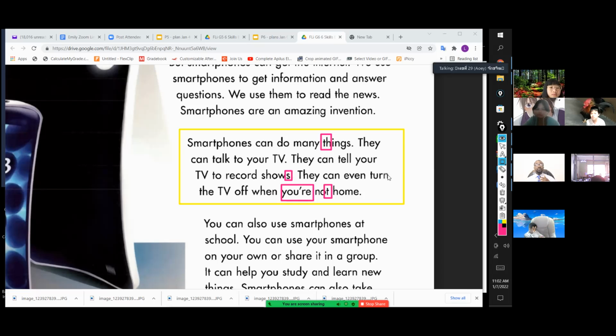This is you are, this is your. Okay? Your. Say not. Not. Very good. Awesome job. Thank you so much.